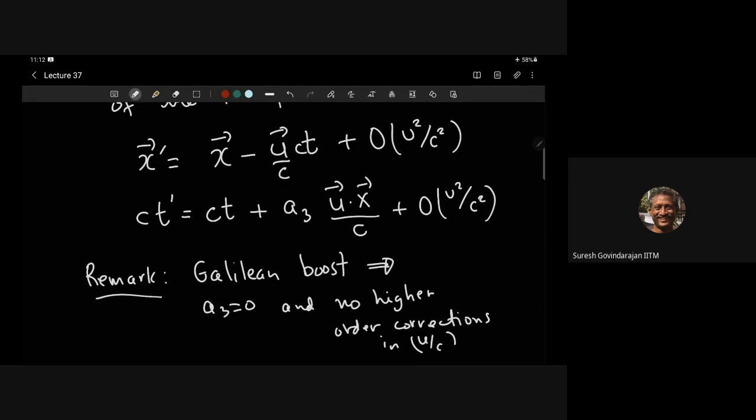So u square by c square, all those terms. Okay, is this clear? I'm trying to be more general here, and so if Maxwell's equations were compatible with Galilean boost, then A3 should be 0. We want to check whether it will happen. Is that clear what we are doing?